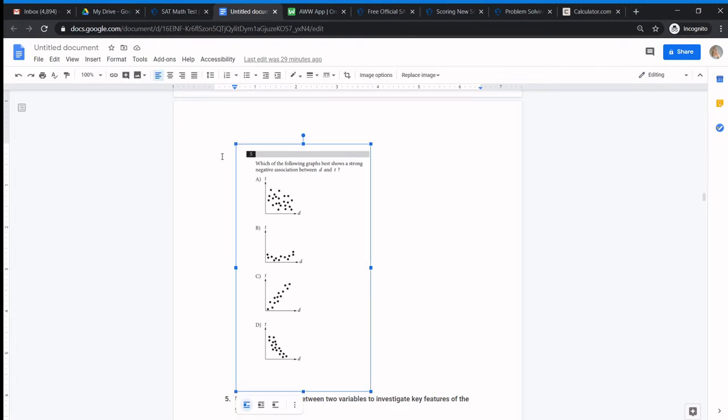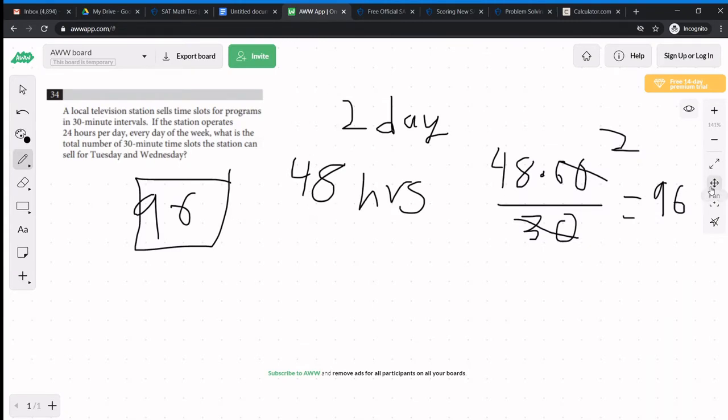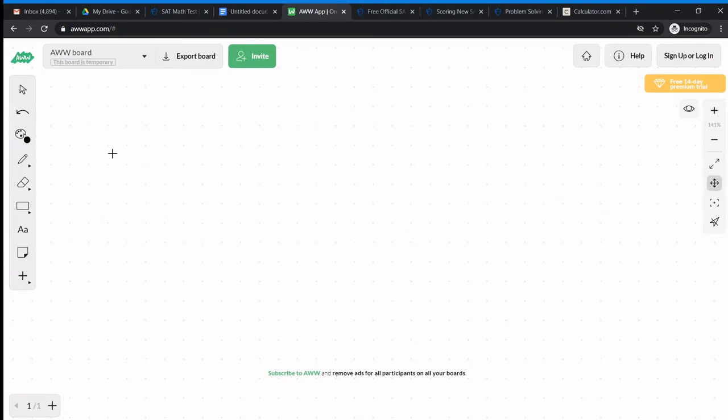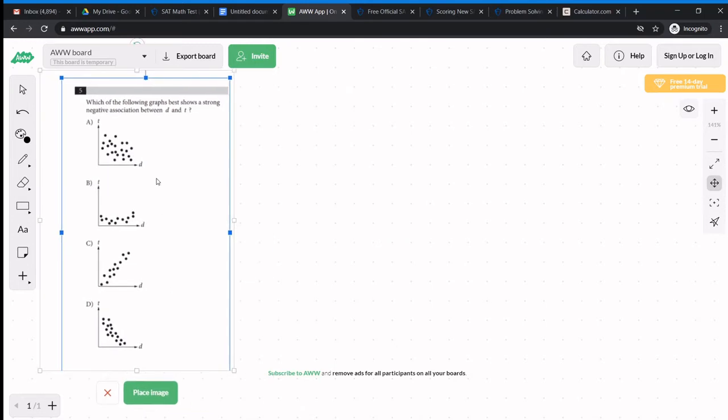Again, I could only find one scatterplot when I was looking for this, which happens to be this one. But it is pretty simple. And I'll even make a problem, just because I think once you get the hang of it, it should be pretty easy. For this particular problem, it's simply asking which of the following graphs best shows a strong negative slope.